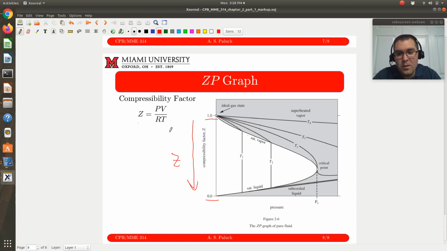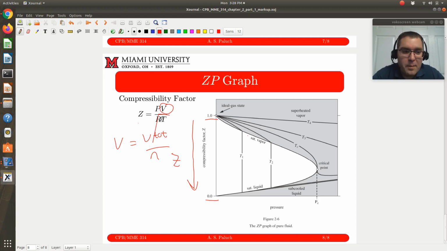So we know that the equation of state of an ideal gas is PV equals RT. I should point out that whenever we mention V, V is my total volume divided by the number of moles, or mass, in my system. So V in my ideal gas equation of state corresponds to my molar volume.